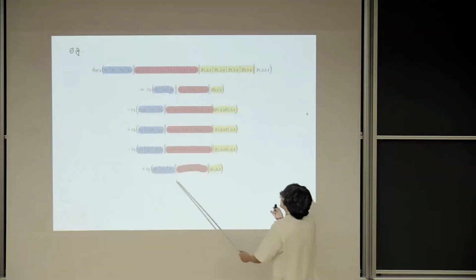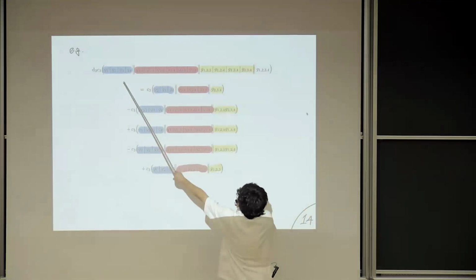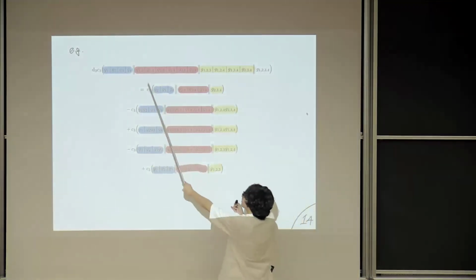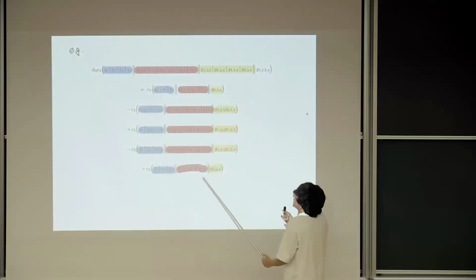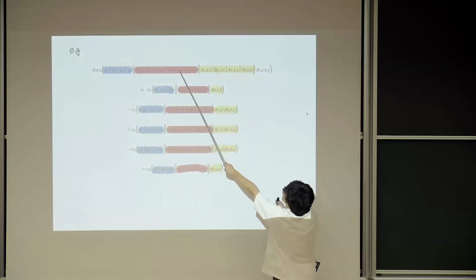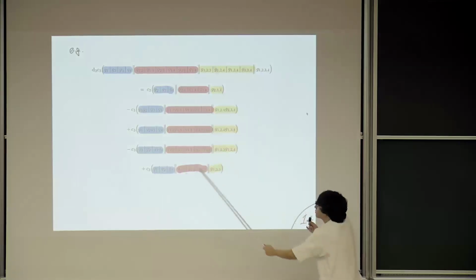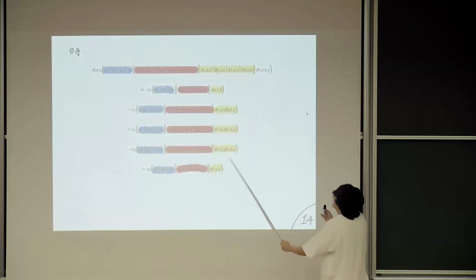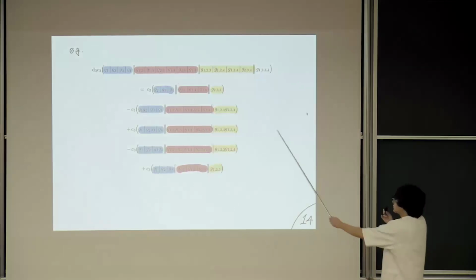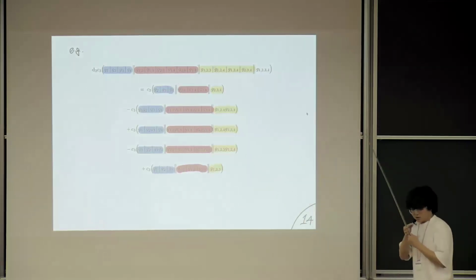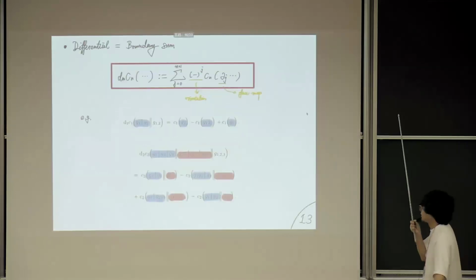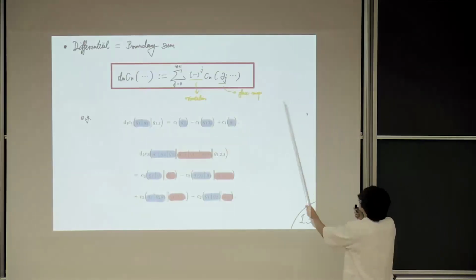Still, the zero form part, the blue part, is the same as the ordinary group homology. But now we have something on top of it: the contribution, the red part, for the one form symmetry, and the yellow part for the two form symmetry. Those expressions are generally complicated, but you can write them down quite easily according to the form of the phase map.